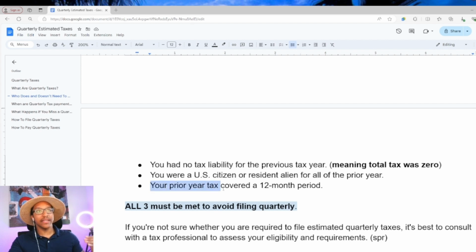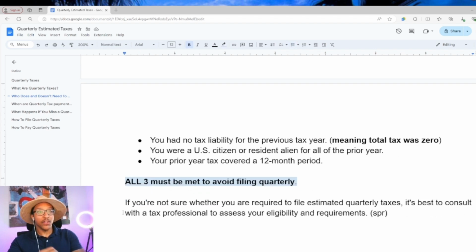And your prior year tax covered a 12-month period, so you weren't short at all on paying your taxes in the prior year. If you have all three, then you can avoid filing quarterly. If you're not sure if you are required to file estimated taxes, it is best to consult with a tax professional to assess your eligibility and requirements.